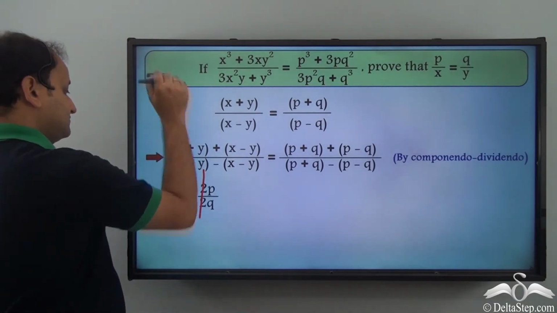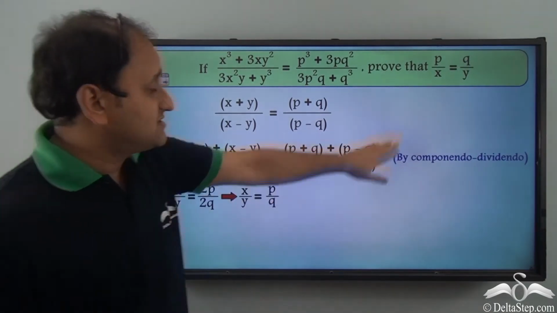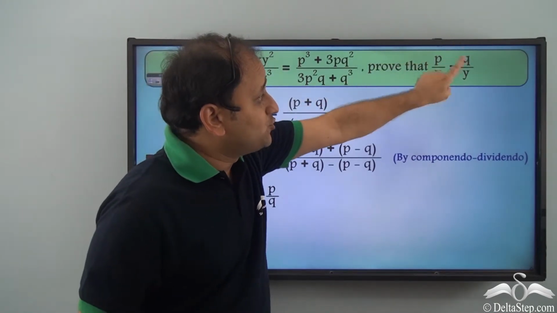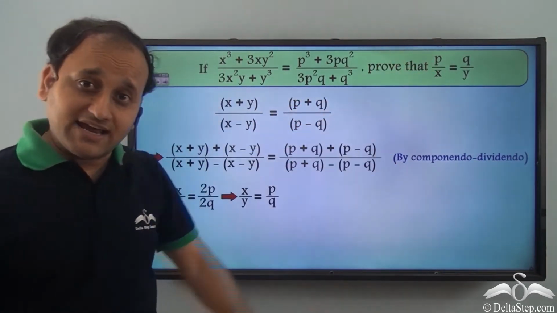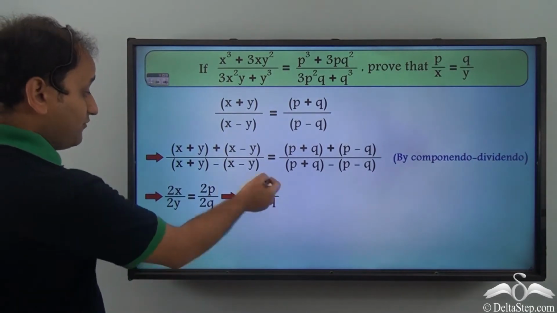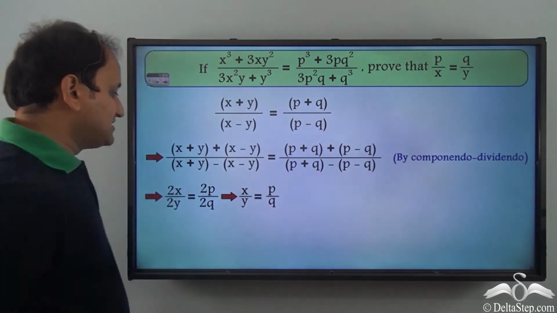But do we need this? Is this the final answer that we need? No. We need p by x is equal to q by y. So we need to have p and x on the same side and q and y on the same side. Right now we don't have that. But how can we get them to be on the same side?